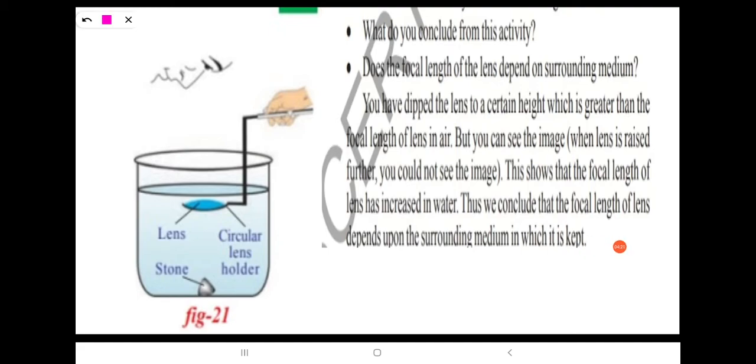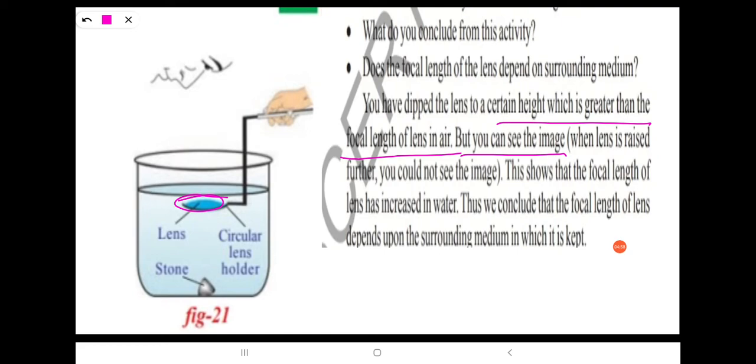Here, when we dip the lens to a certain height which is greater than the focal length of the lens in air, yes, but you can see the image when the lens is raised further. You cannot see the image.